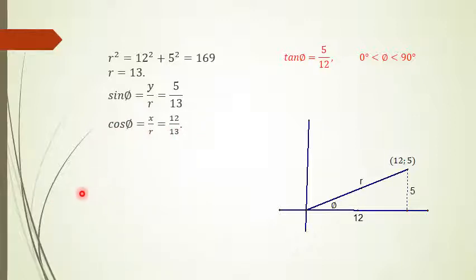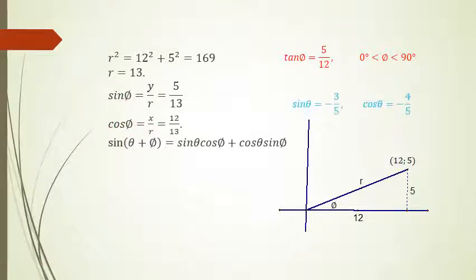Now we are ready to calculate sine of theta plus phi. Writing down the compound angle formula, sine of theta plus phi equals sine theta cos phi plus cos theta sine phi. Now we have the values of sine phi and cos phi here. We calculated the values of sine theta and cos theta in the previous slide. Let's have them here: sine theta equals -3 over 5, cos theta equals -4 over 5. Now we can make the substitutions.